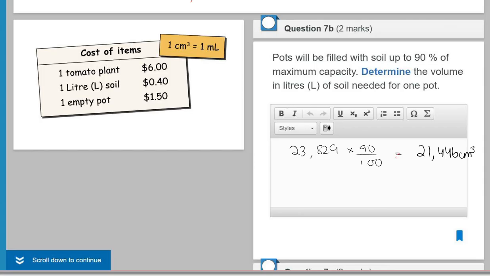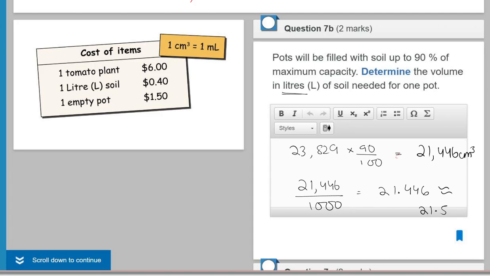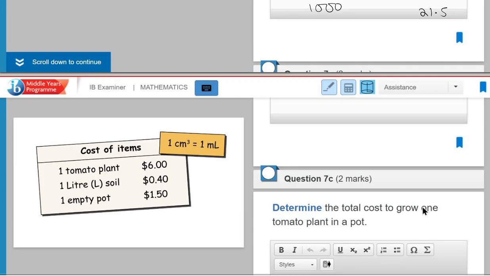You have to divide it by 1000, because 1 cm cube is 1 milliliter, and you need the answer in liters. So you have to divide the answer by 1000. So this becomes 21.446. And if you have to round it off, ideally you should write it as 21.5. Okay, I hope this makes sense.